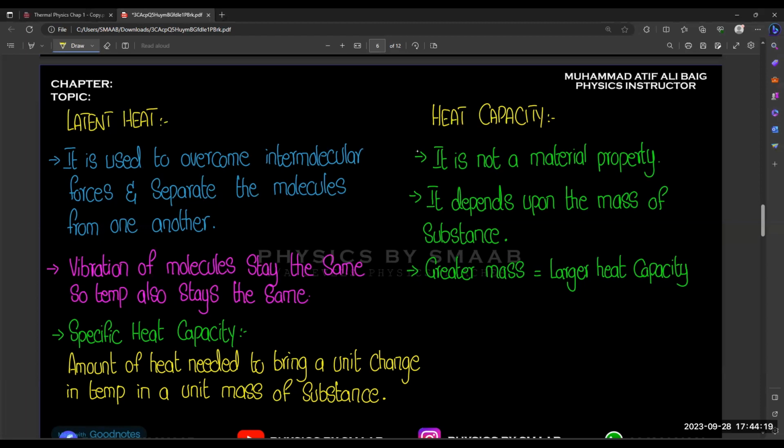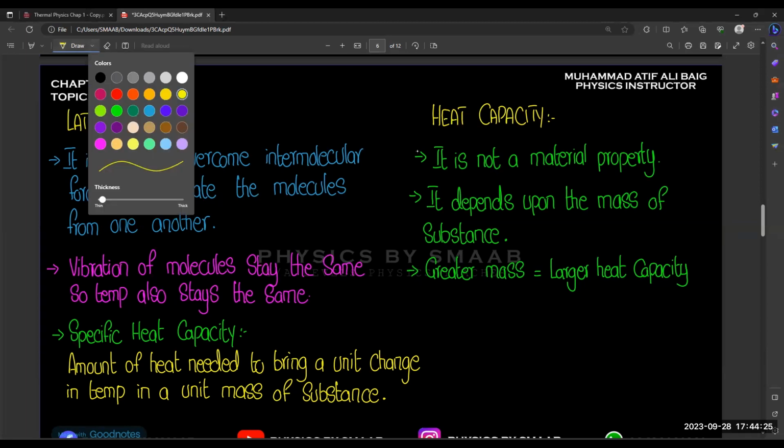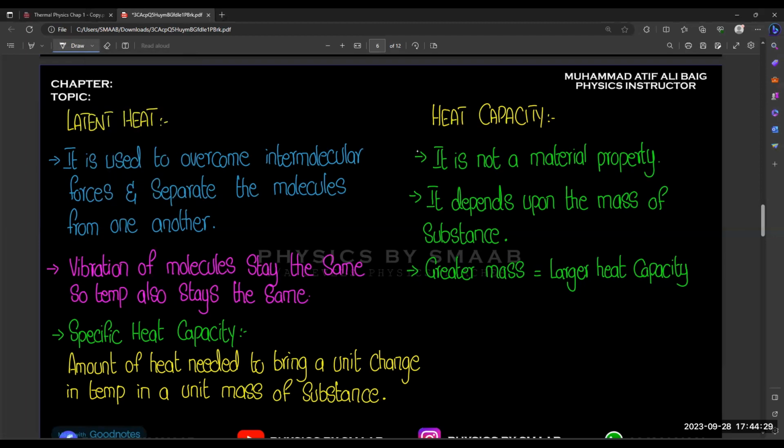So this is the concept. And further, if you want to write the formula, the formula also includes the quantity of mass. Otherwise, all quantities remain the same. So your formula will be: C is equal to the amount of heat required to increase the temperature by 1 degree of unit mass.